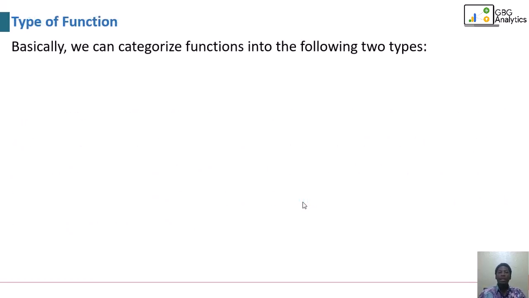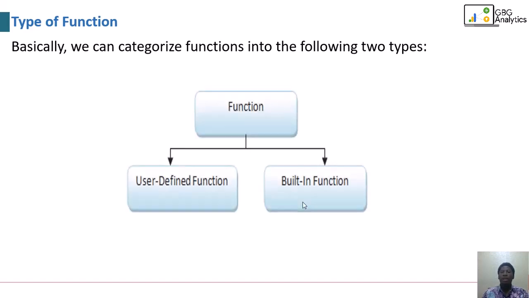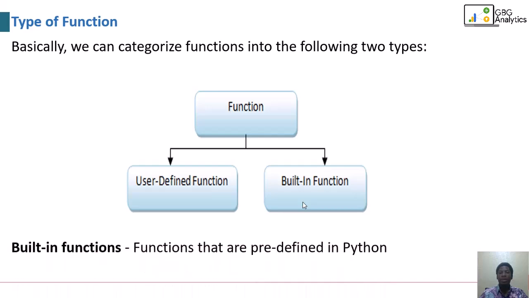There are basically two types of functions in Python. The first one is a user-defined function, and the second is an inbuilt function. What is a user-defined function?